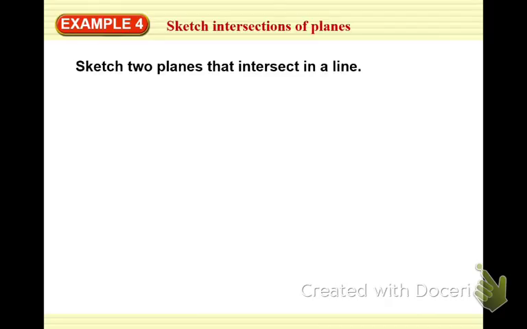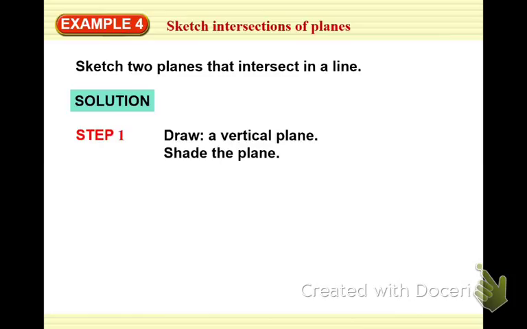Two planes will always intersect in a line. So how would you go about doing that? This one's tough to draw, right? But the first thing you need is to draw a vertical plane. Doesn't have to be, but the easiest way to do this is to draw yourself a vertical plane. So from left to right, for those of you that don't know what vertical means.